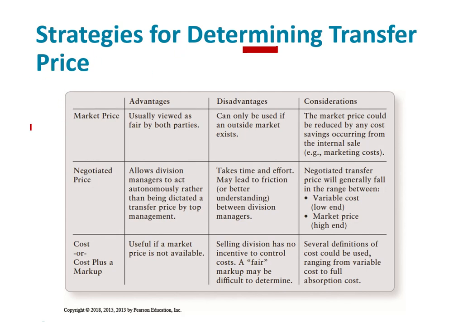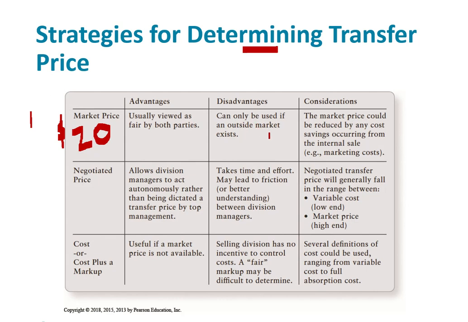So there's three possibilities. The first possibility is to use the market price. So let's say the market price, if you go out there and buy it from somebody else, would be $20. You simply would use that as your transfer price, and if that's viewed by both parties as being fair, that would be fine.